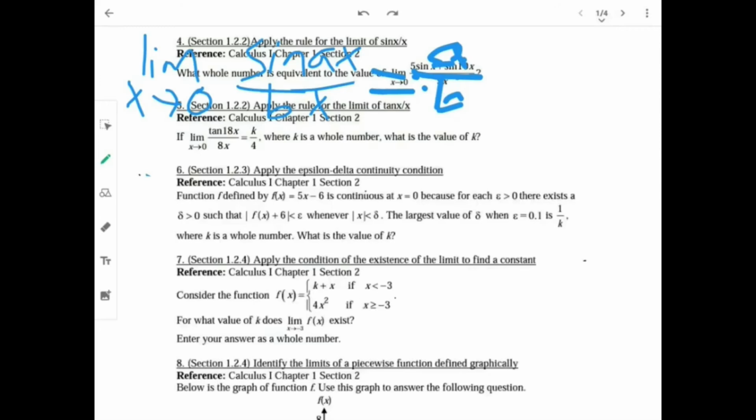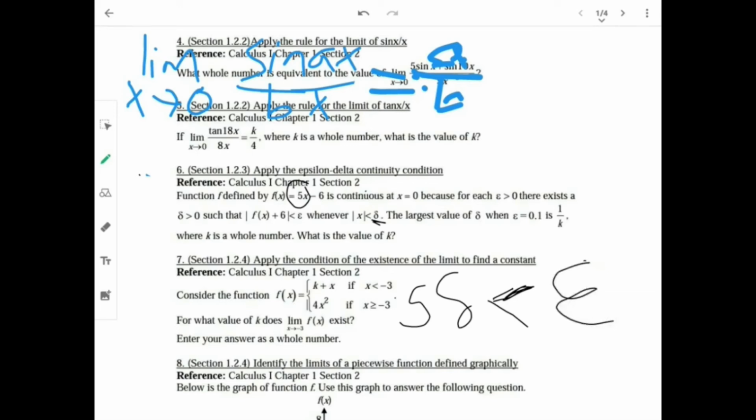Okay, so for number 6, there's an easy way to do it for multiple choice typing. You just look at the slope of f(x), it's 5. So 5 into the change in x, which is delta, is at least less than the change in y, which is epsilon.